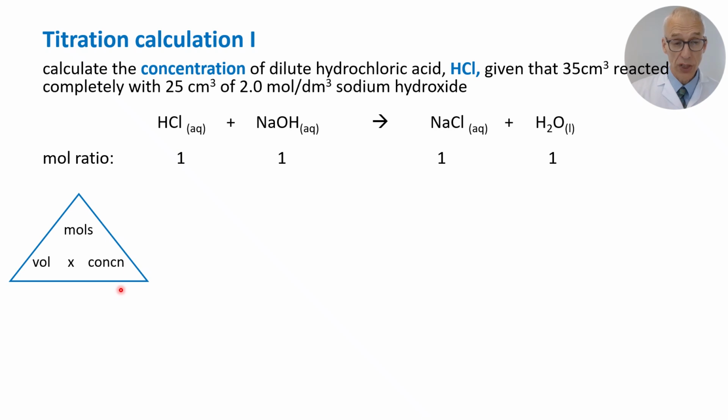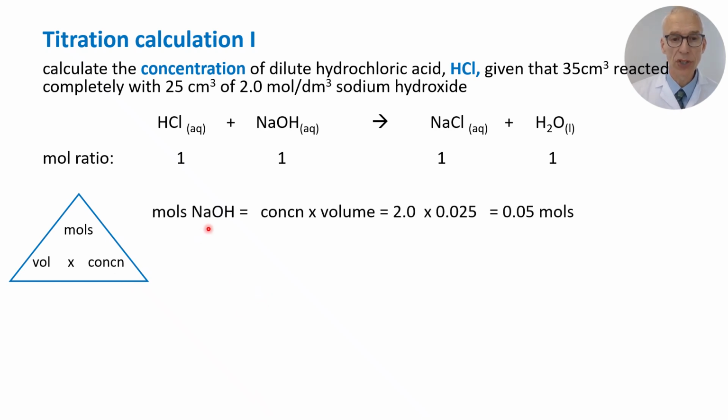We're going to use a triangle to help us remember how to calculate moles, volume, and concentration. So moles is equal to volume times concentration. So the moles of sodium hydroxide is the concentration times the volume.